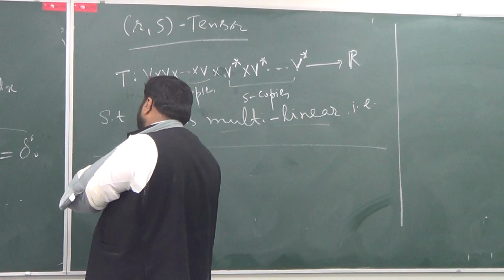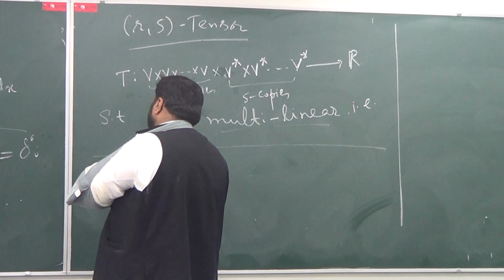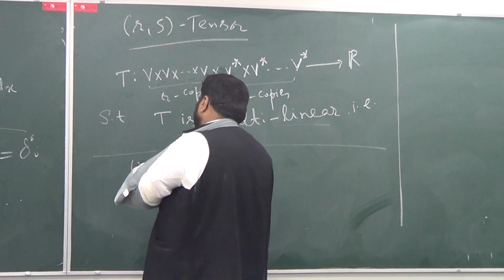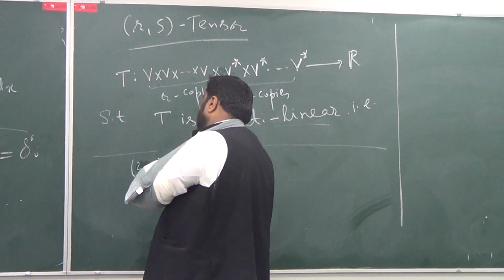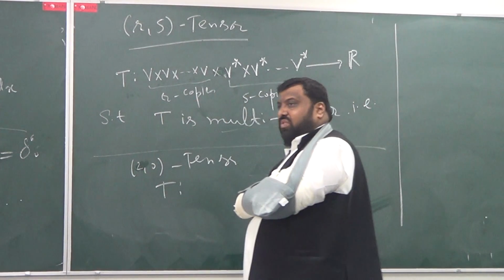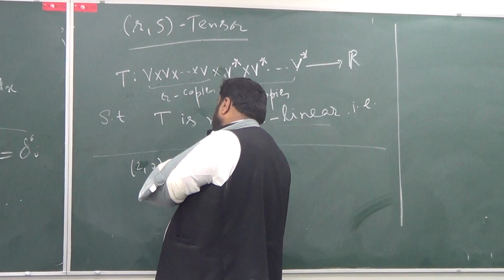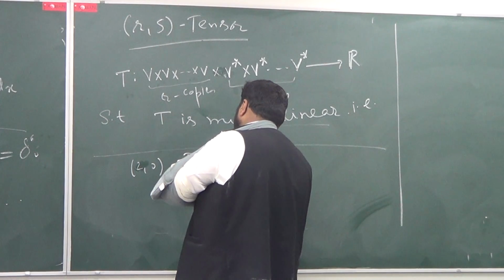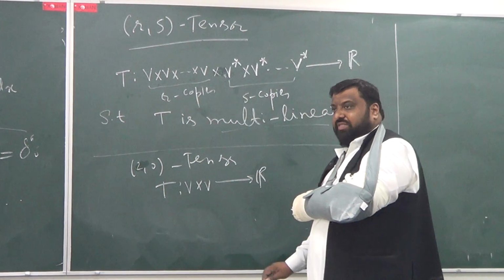So in other words, for example, if I take a (2,0) tensor, then this is a map from where to where? From V cross V into R, and that is linear.